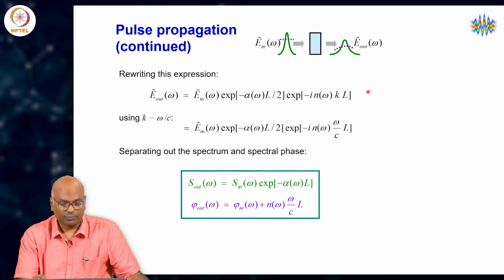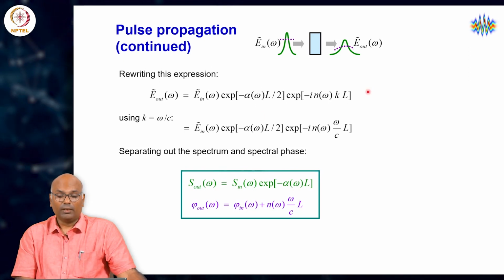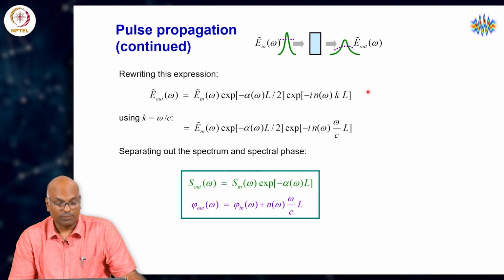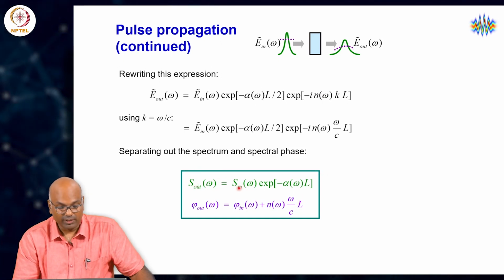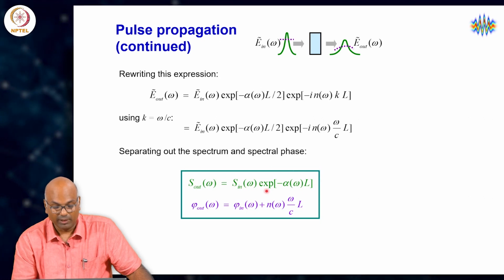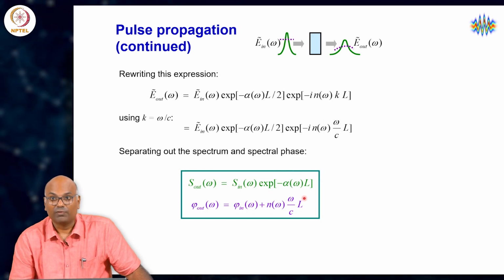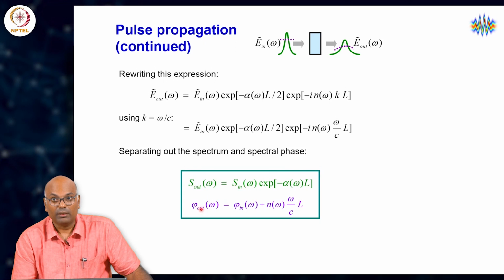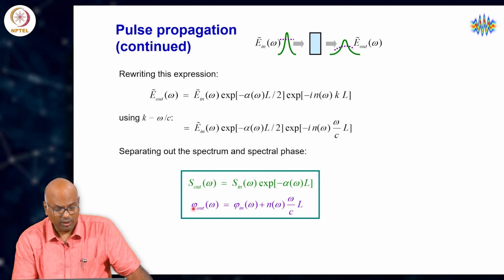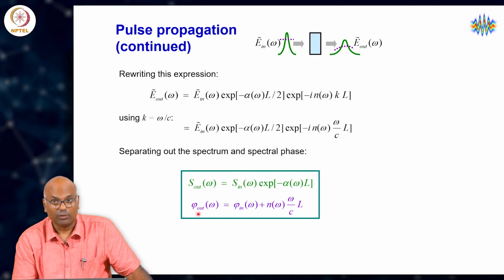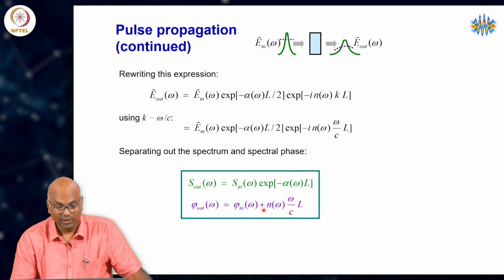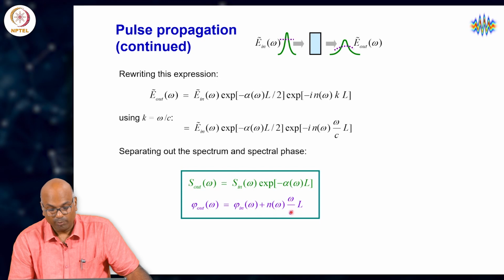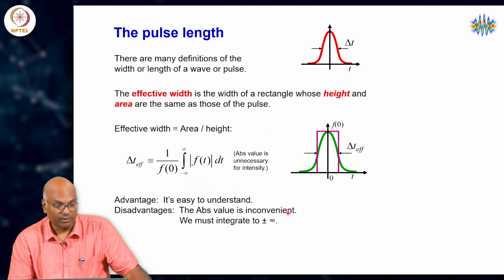Now, we can look through all the details of pulse propagation and come to the conclusion that the output spectrum is the input spectrum multiplied by the exponential loss factor, and the phase at the output of this propagation is the input phase plus, in this case not multiplicative, plus the n omega by c times L factor.